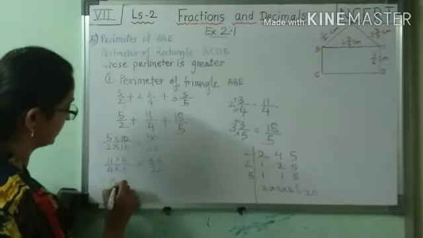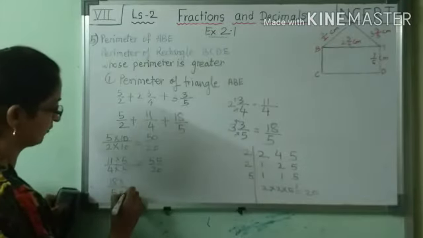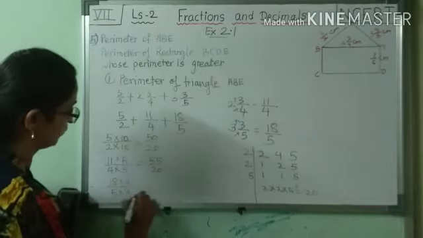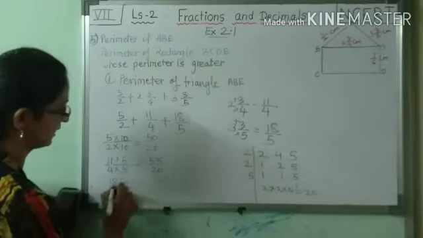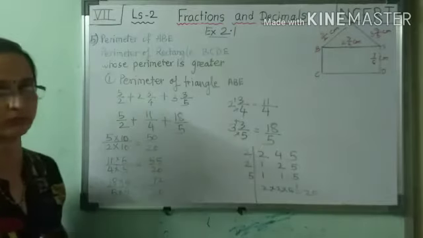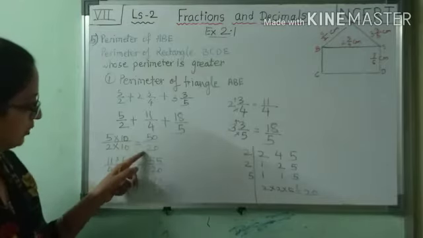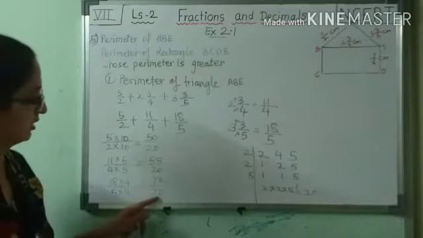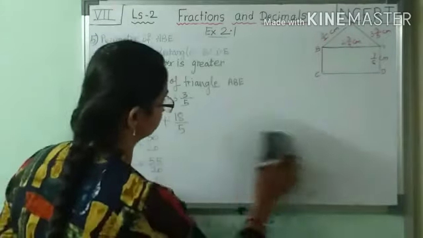Now next is 18/5. Here multiply this fraction by 4 so that we get 20. 5 4s are 20. Here 18 4s are 72. Now we got three fractions, 50/20, 55/20 and 72/20. The denominator is the same, that is, all three are like fractions.